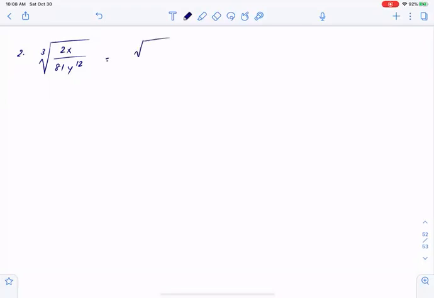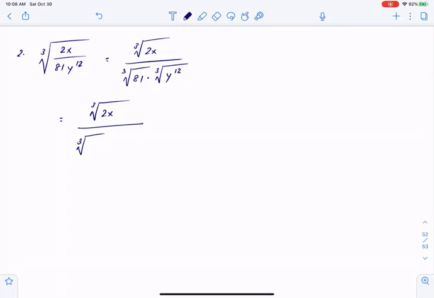I'm going to split the root between the numerator and the denominator, and split the roots in the denominator as well. 81, I could write as 3 cubed times 3. 3 cubed is 27, and 27 times 3 is 81.